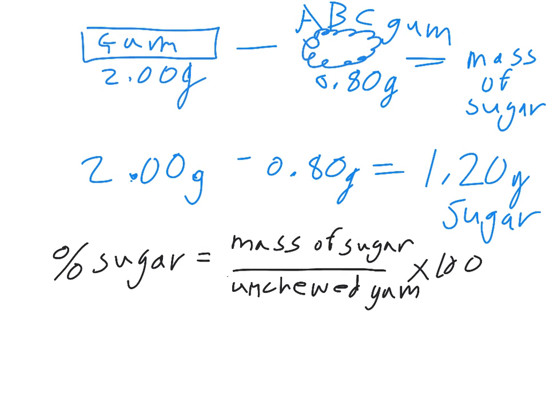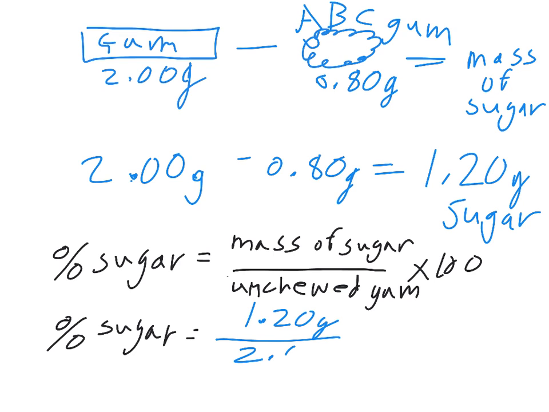So our percent sugar would be 1.2 grams divided by 2 grams times 100, or 60%.